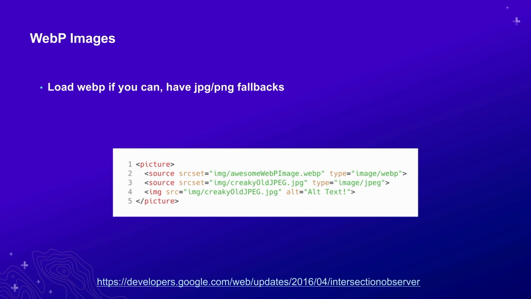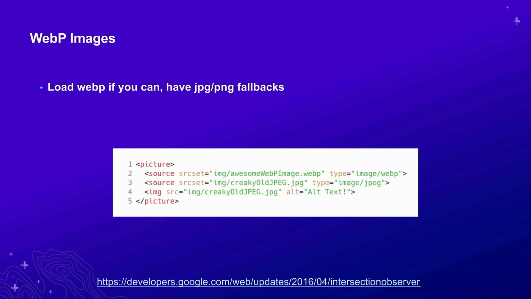WebP images. So WebP is like an optimized format for devices. It's really kind of championed by Google. If you run any type of PWA audits on your applications, you'll probably get some sort of a warning or something telling you that you can improve your audit score by adding WebP images.